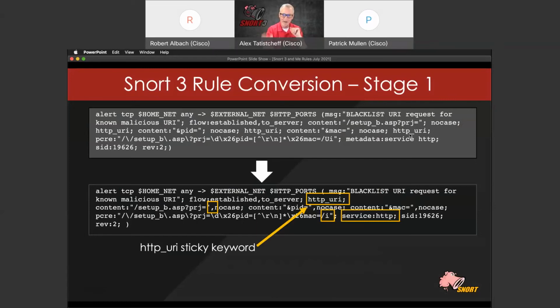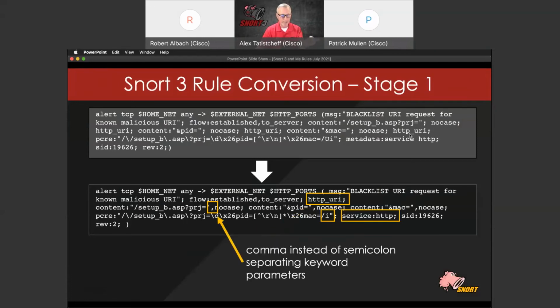And that says all the rest of the content and the regex and the PCRE all look in this sticky keyword, in this case, HTTP URI. So that's one change there. And as we mentioned before, the content checks now don't have distance or within, but we do have a nocase parameter there, which above is separated by a semicolon, below in Snort 3 is separated by a comma.